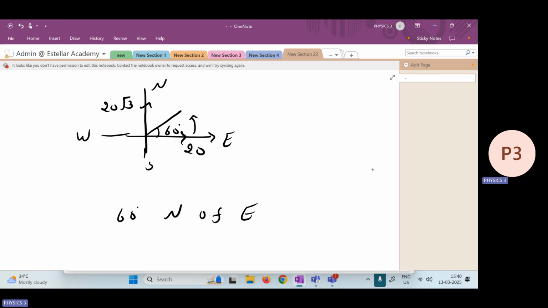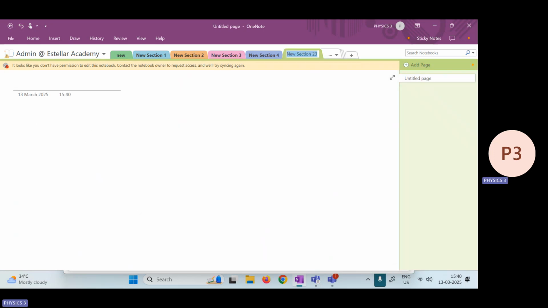Okay. Now let's go for the next question, which is 17th. In the 17th question, we have given for an object thrown at 45 degree to the horizontal, the maximum height and horizontal range are related as. Okay, so theta we have given 45 degree, right? So range we will write u square sine 2 theta by g.